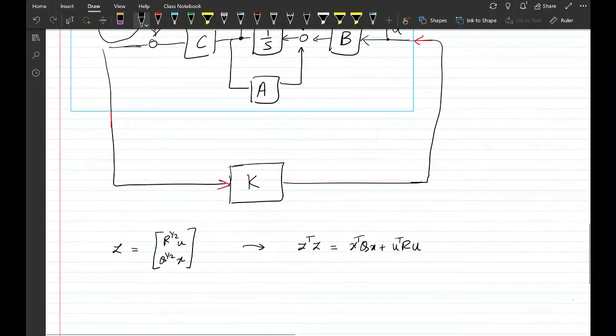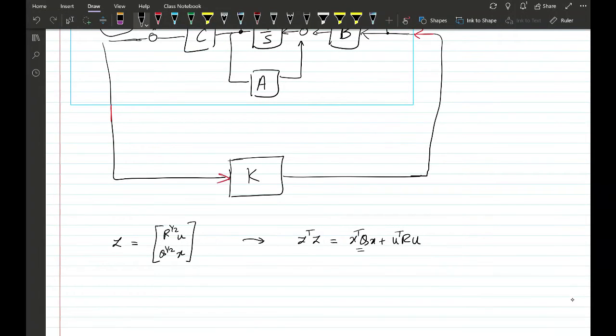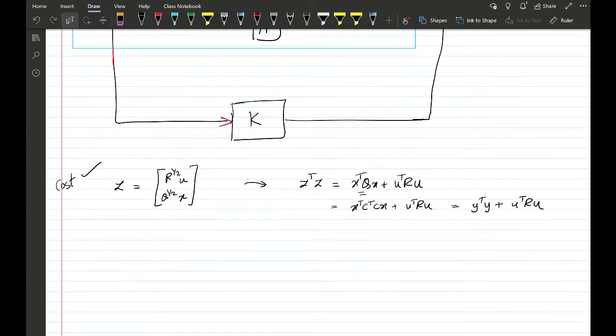Note that Q here is C transpose C, so I would have C transpose CX plus U transpose RU, which is then Y transpose Y plus U transpose RU. So the cost is done.